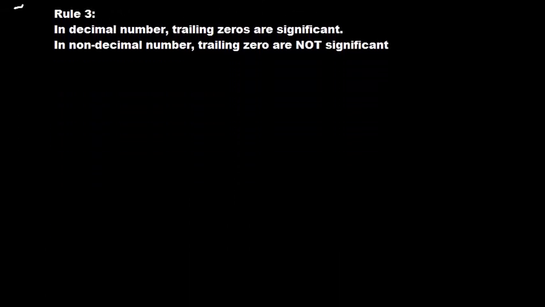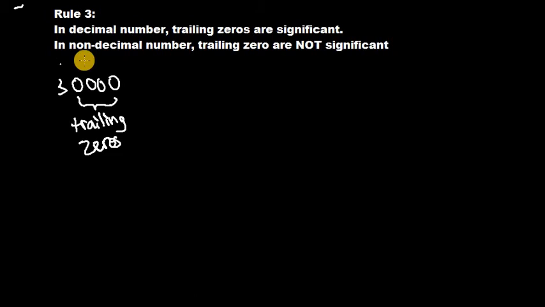Now rule number 3. Rule number 3 states that in a decimal number, trailing zeros are significant. In a non-decimal number, trailing zeros are not significant. Let's discuss what trailing zeros are first. Let's say we have the number 30,000. These are the trailing zeros.